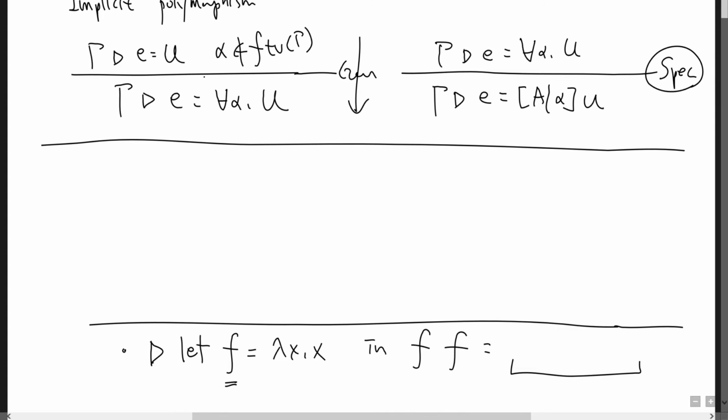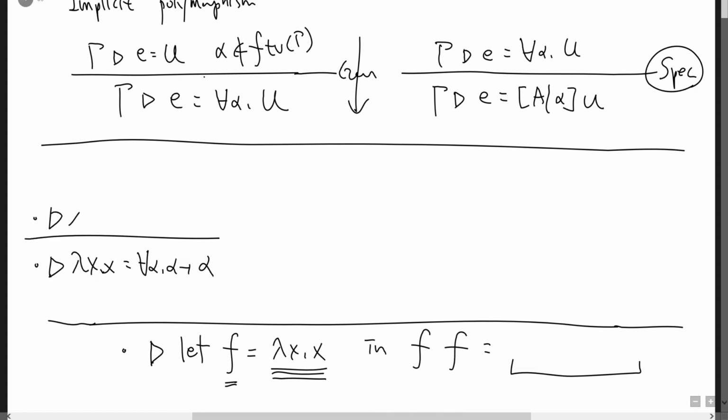First, we have to figure out the most general type that can be assigned to this identity function. From the previous example, we learned that under empty typing context, this lambda x dot x can be assigned alpha arrow alpha. So to give the details, we can assign alpha arrow alpha to this lambda abstraction with this assumption.